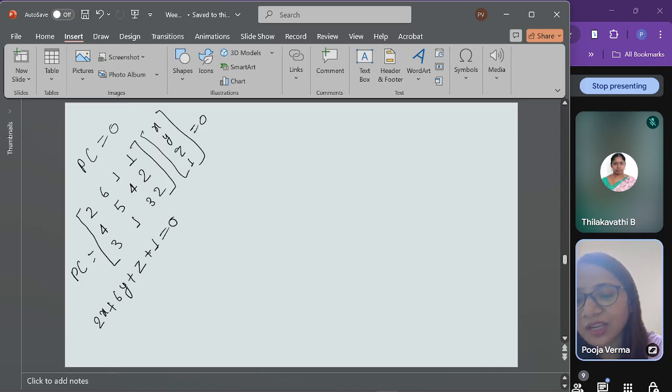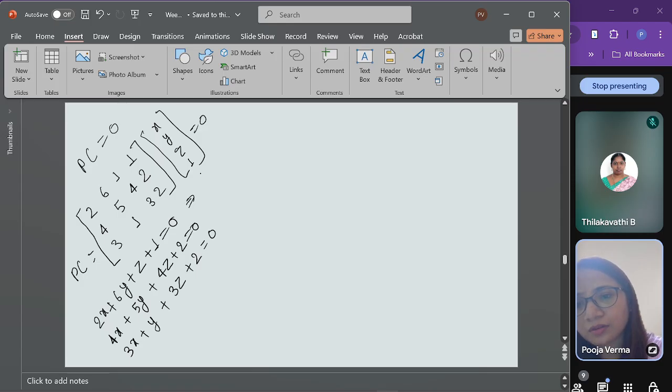Next equation: 4x plus 5y plus 4z plus 2 is equal to 0. Now next, 3x plus y plus 3z plus 2 is equal to 0.